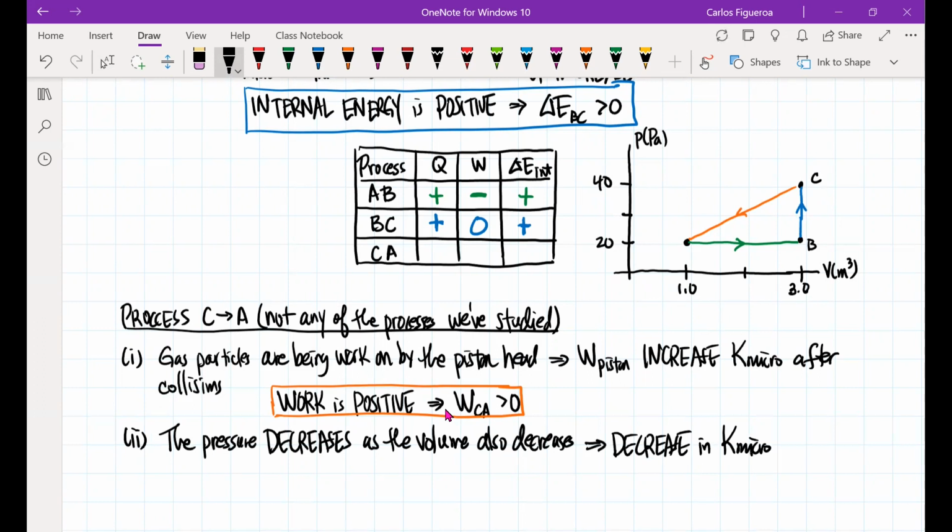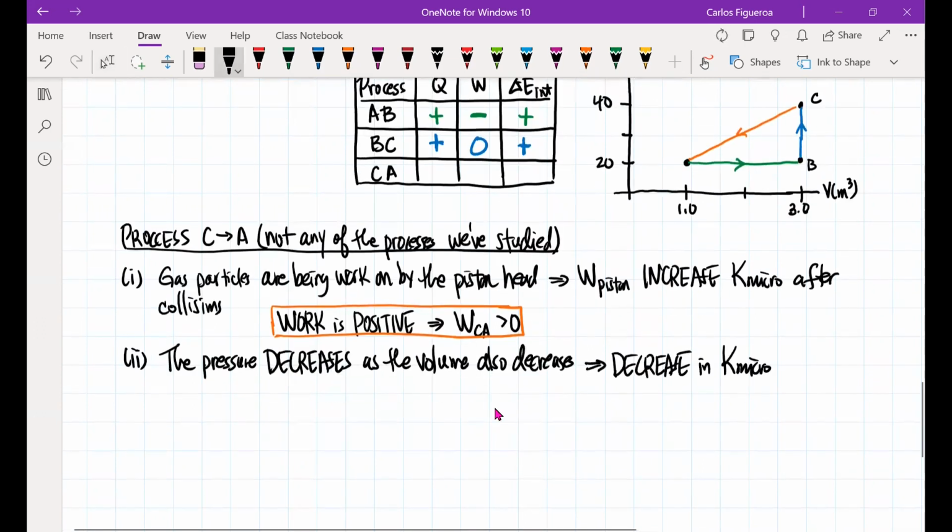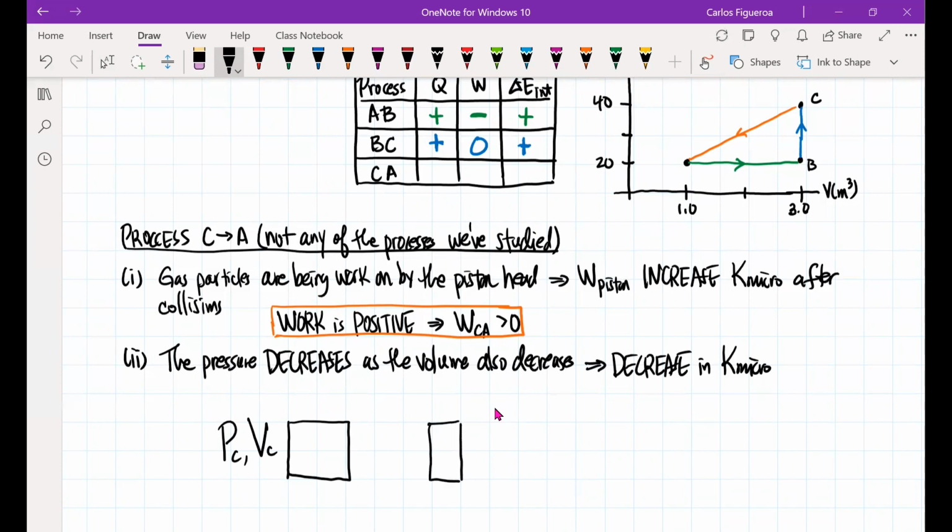So what I mean by that is if I go back to the same picture as before, look how we have a higher pressure and a larger volume at C, and now a smaller volume and a lower pressure at A. So if the work increases the kinetic energy, I've got to remove energy from the system, right?